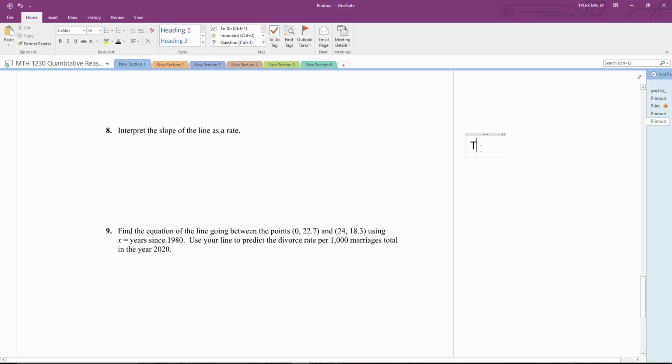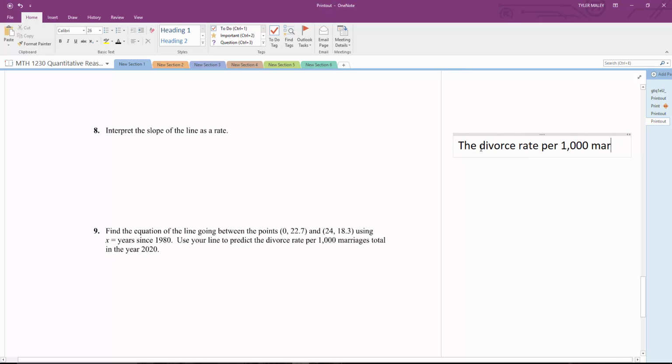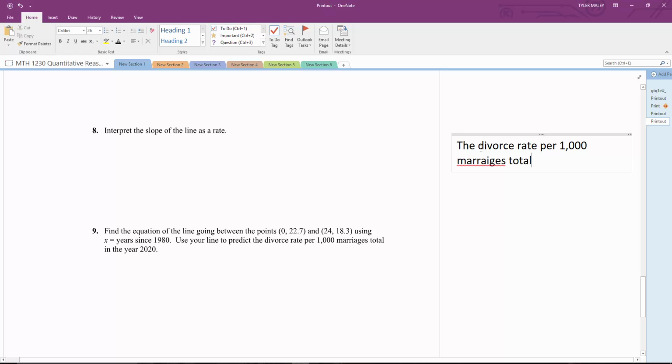So you could say that the divorce rate per 1,000 marriages total in the population is increasing by 0.1714 divorces per year, right? So I modeled my sentence off very similar to the model that I told you to in interpreting the slope. So that's in the linear modeling guide and also in the textbook.